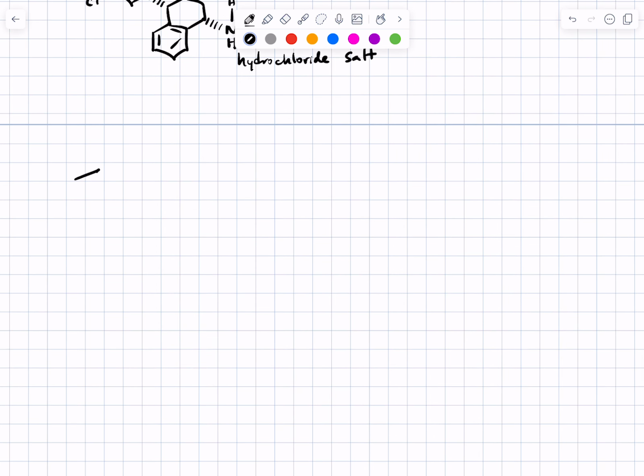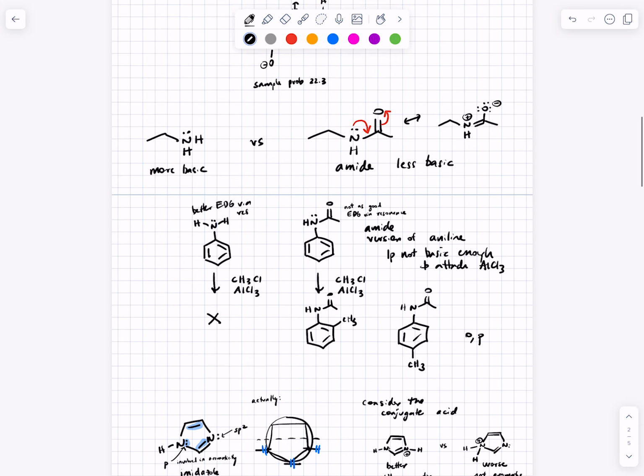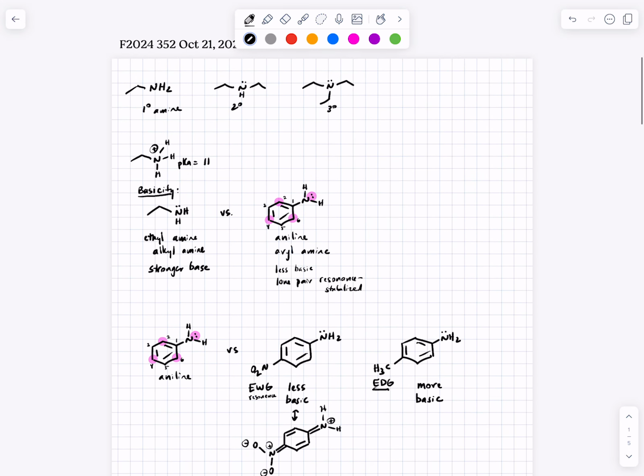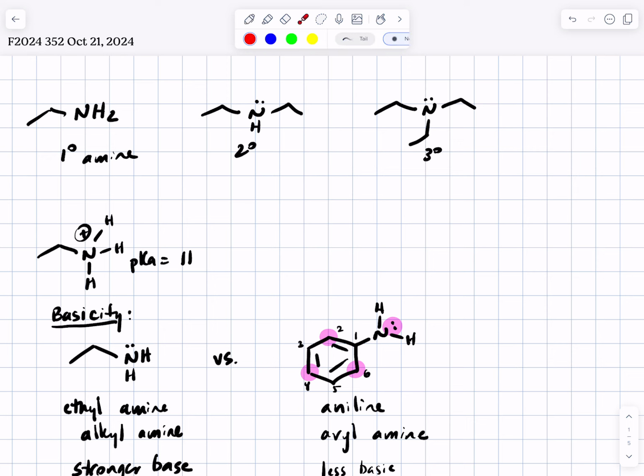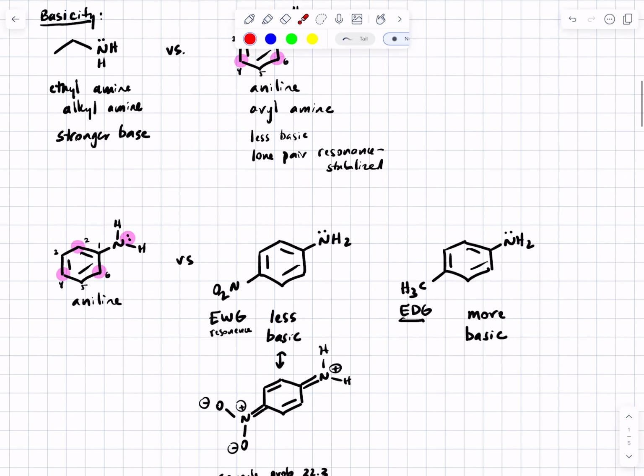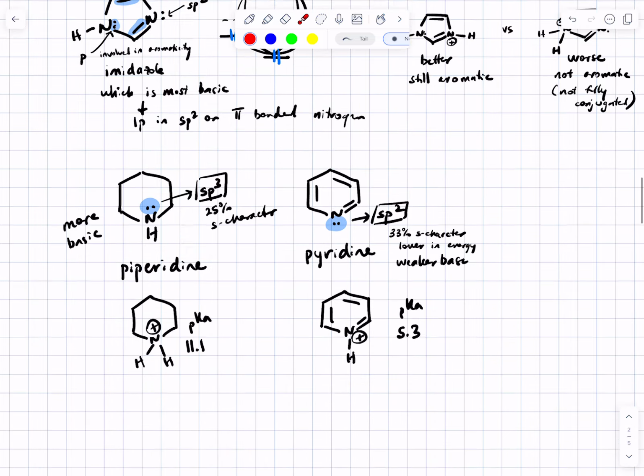So one of the problems with making amine molecules is that primary amines are not as reactive as secondary amines, which are not as reactive as tertiary amines. Part of the reason for that is the alkyl groups are electron donating, and the more alkyl groups you have on an amino group, the more likely a reaction is to go fast.